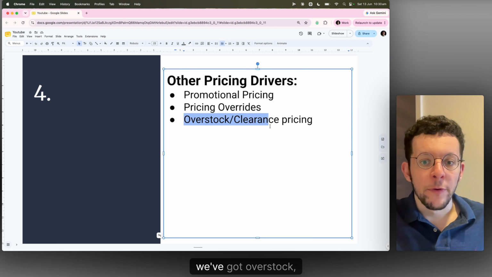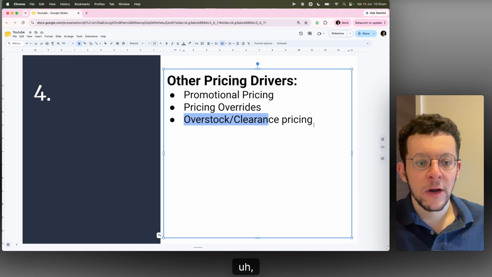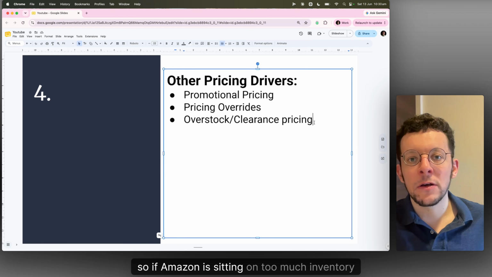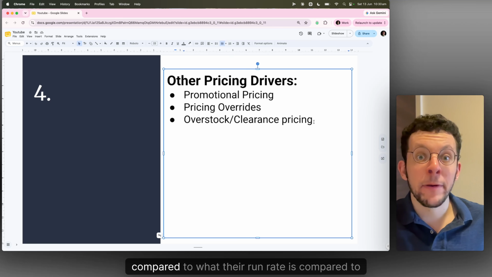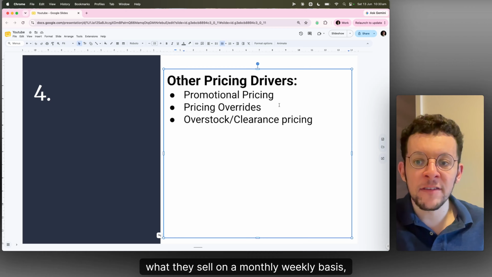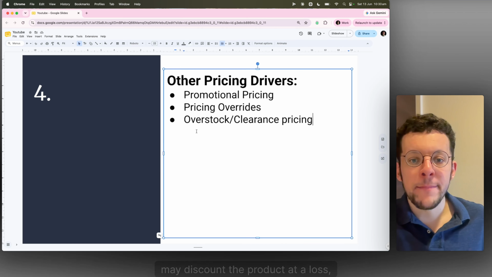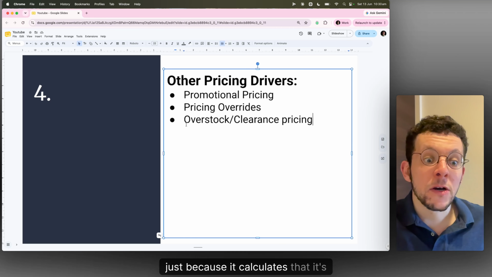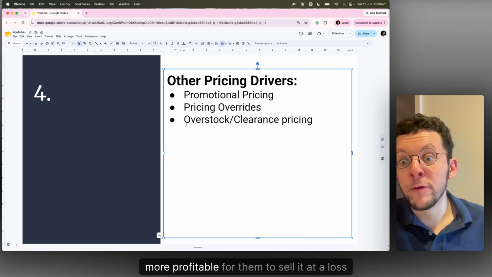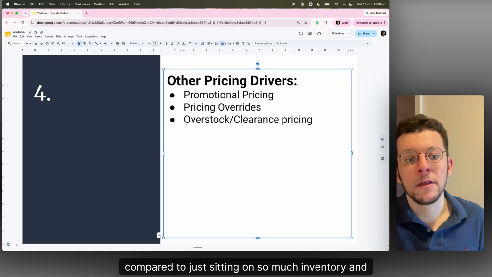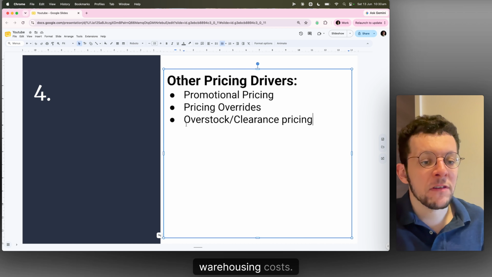And then we've got overstock or clearance pricing. If a product is deemed unhealthy, so if Amazon is sitting on too much inventory compared to what their run rate is, compared to what they sell on a monthly, weekly basis, then their system may discount the product at a loss, just because it calculates that it's more profitable for them to sell it at a loss compared to just sitting on so much inventory and incurring warehousing costs.